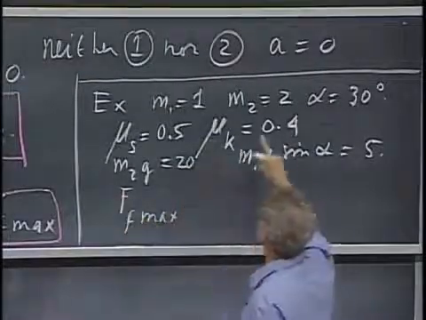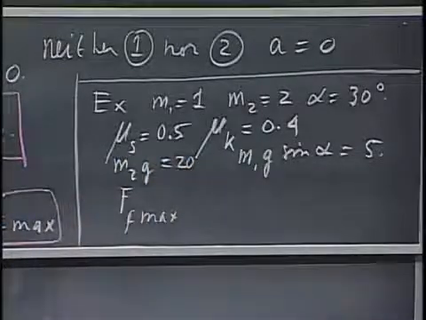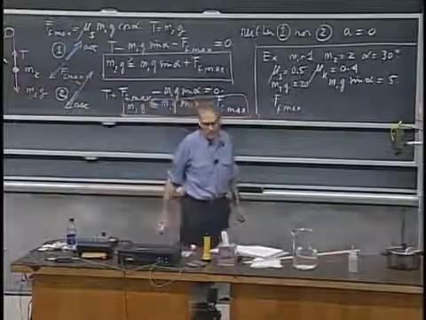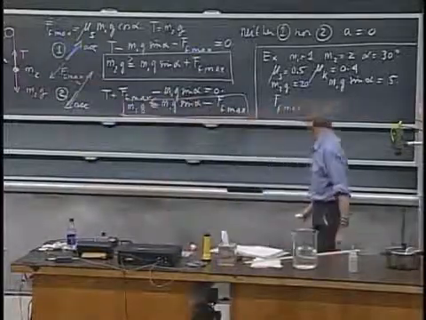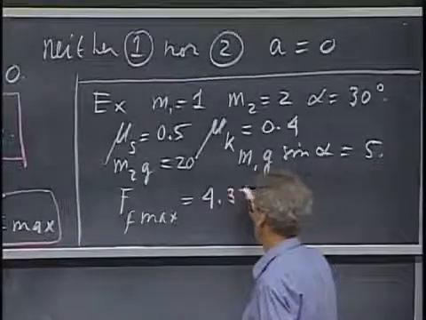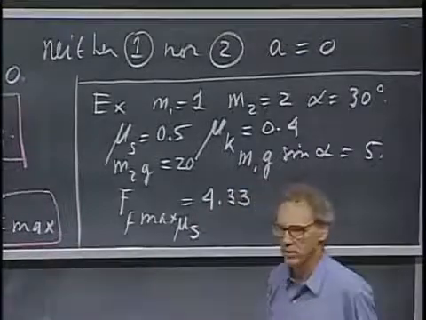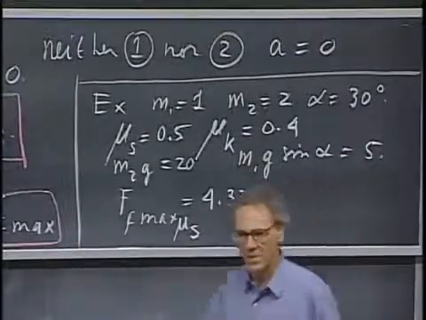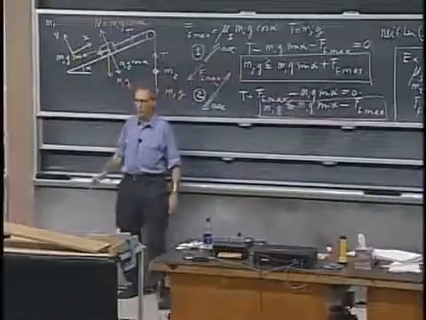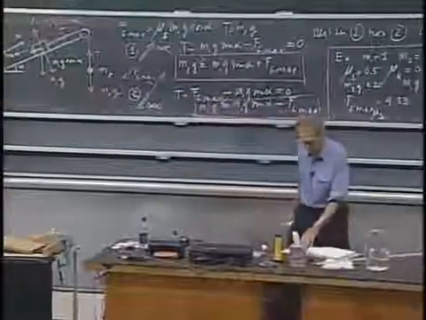I have to use for my friction coefficient 0.5. I have to use for m1g here a 10 and have the cosine of 30 degrees. And what I find, you have to take my word for it, is about 4.33. And I want to remind you, I have used the static friction coefficient, and this is in newtons. I never put a capital N for newtons because that is very confusing with the normal force. All my units are always in SI units, so the force is always in newtons.